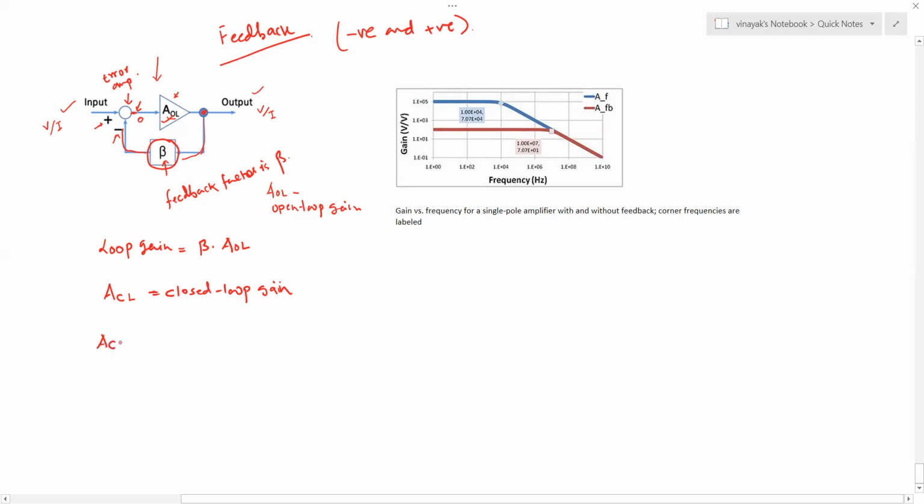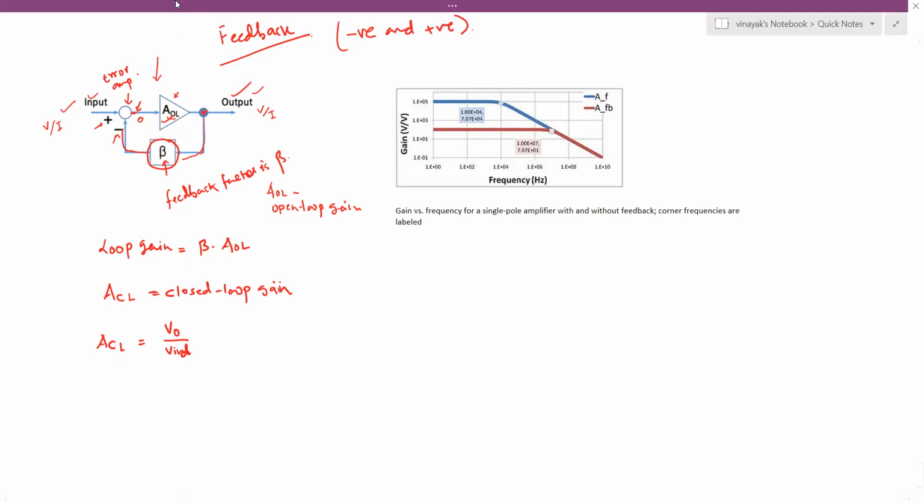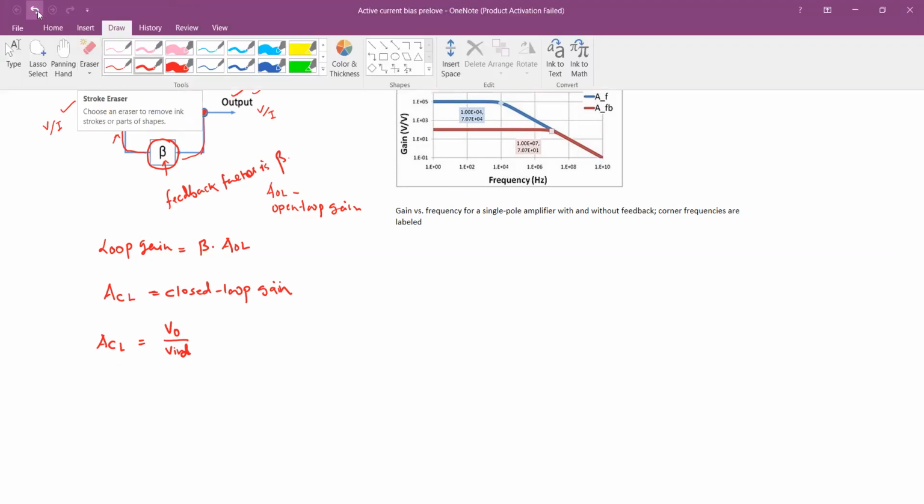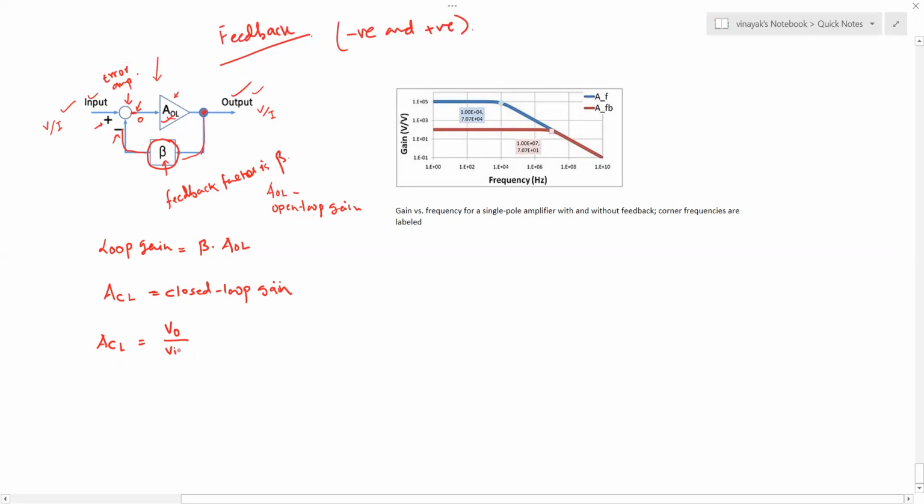And when that happens, I have to define the ratio of output divided by the input, which is Vout divided by Vin, or let's say VID, which is the differential input in the case of a differential amplifier. Let me write it here. So here, that is the signal Vin, and it is written in terms of open loop gain as ACL = AOL / (1 + beta times AOL).